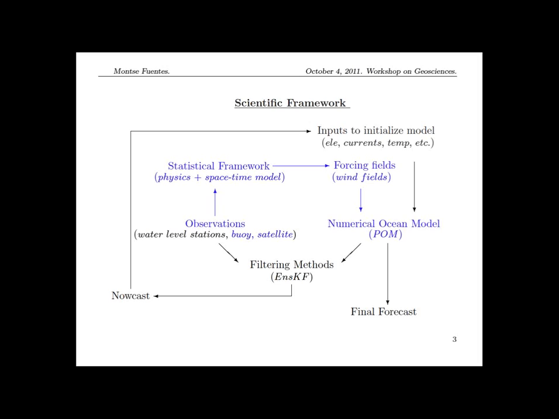One is blending together the deterministic model, the Princeton Ocean Model, with observations that we have for the water elevation. So this aspect here is combining the deterministic models with observations. And the other important aspect is to improve the inputs for this model, the forcing fields, which are these hurricane wind fields. This is the focus of the presentation today: how to improve these forcing fields.